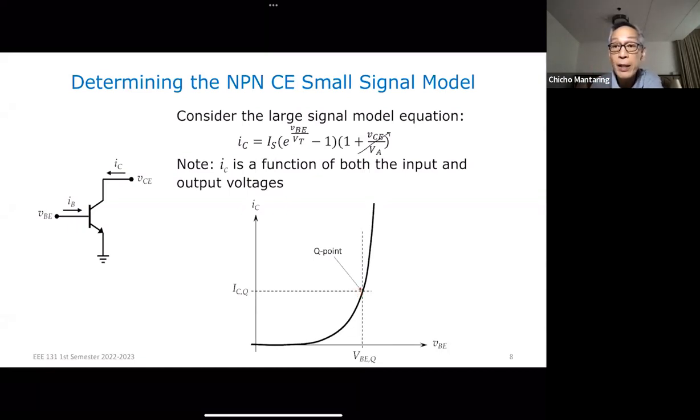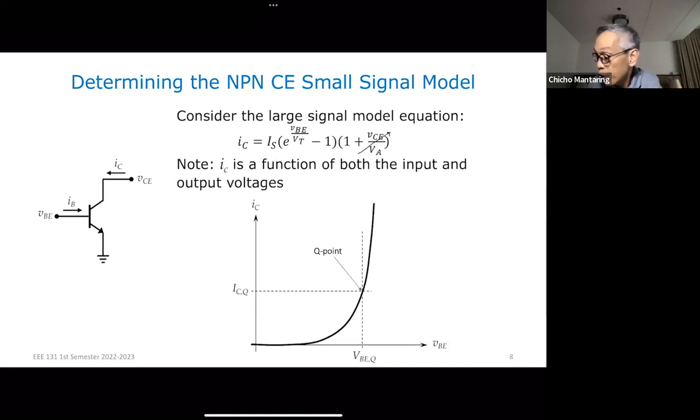Now that Q point is going to be established by my DC circuit. So hindi pinapakita yan dito. Remember, we're going to divide the analysis into a DC analysis, which is the biasing, and AC analysis, which is the amplifier circuit per se. So we're only going to be talking about the amplifier circuit or the small signal model.